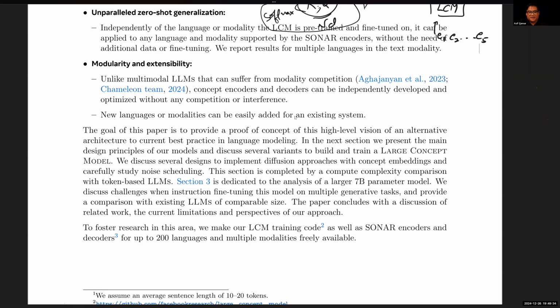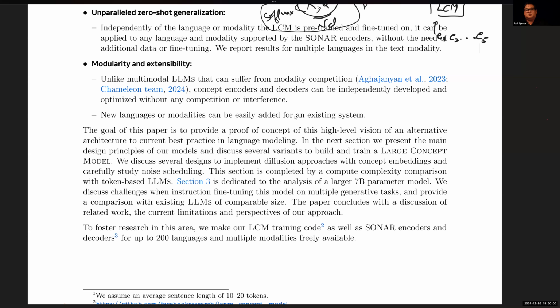Which one gets higher attention scores or whatever, it doesn't quite work out equally. So there's some modality competition in typical LLMs. But here, because everything is reduced down to a concept vector, and the concept vectors pay attention to each other, you don't have such a problem.